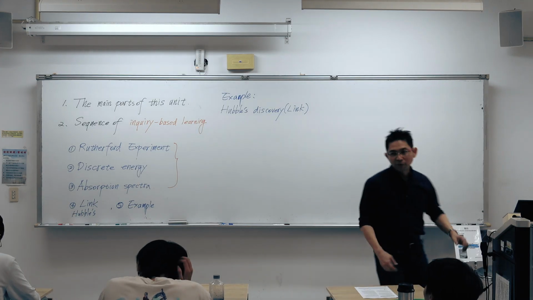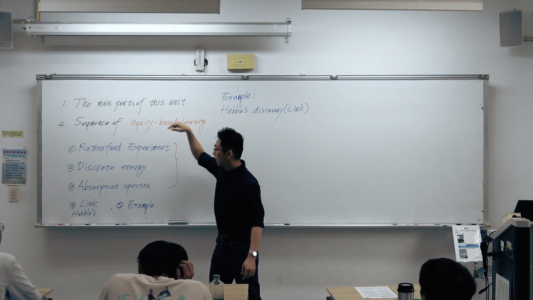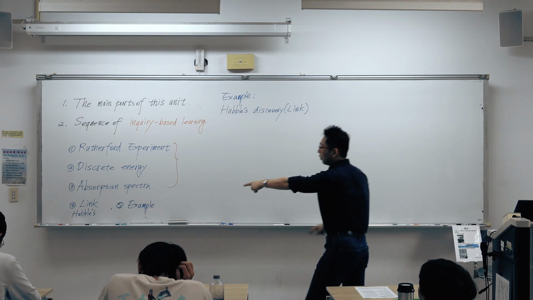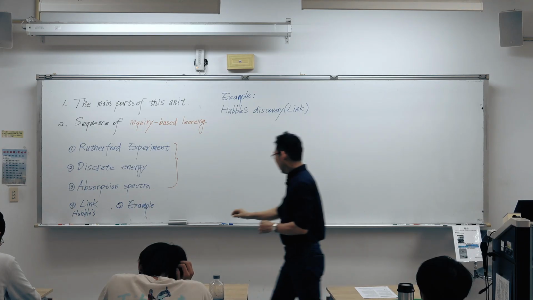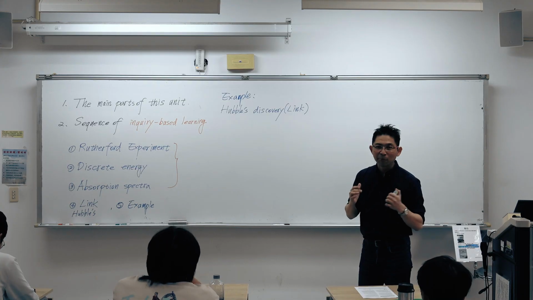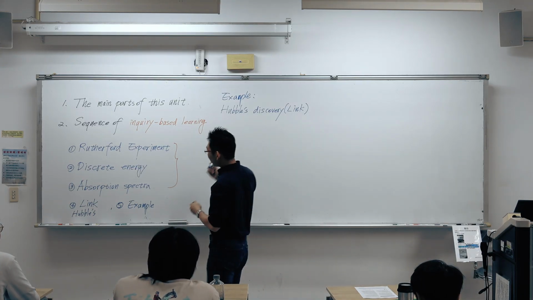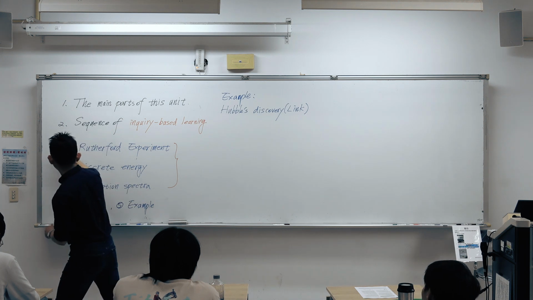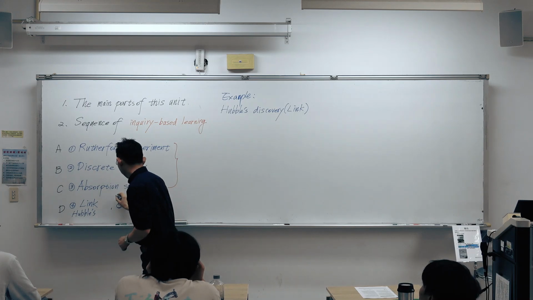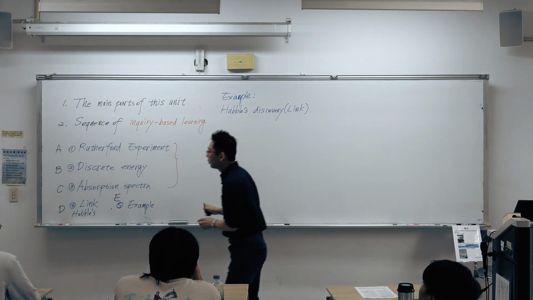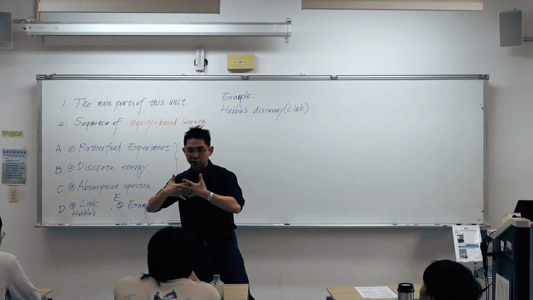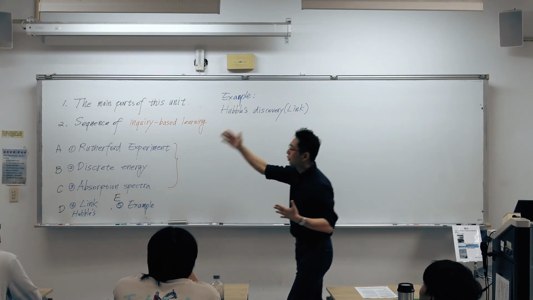So now, since we have several main parts of the unit today: Rutherford experiment, discrete energy, absorption spectra, and also Hubble's example. Now we would like to determine and conduct the inquiry-based learning today. If I have A, B, C, D, E, try to determine your sequence and also your corresponding question for your own inquiry-based learning.